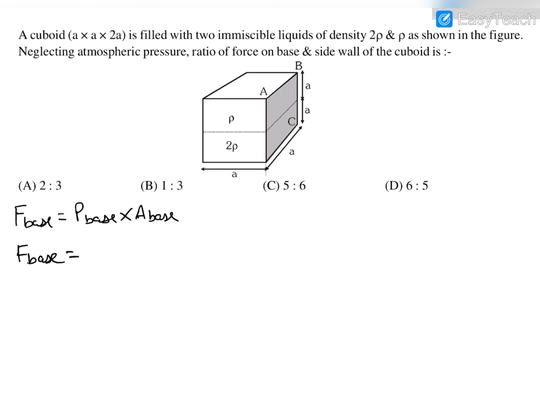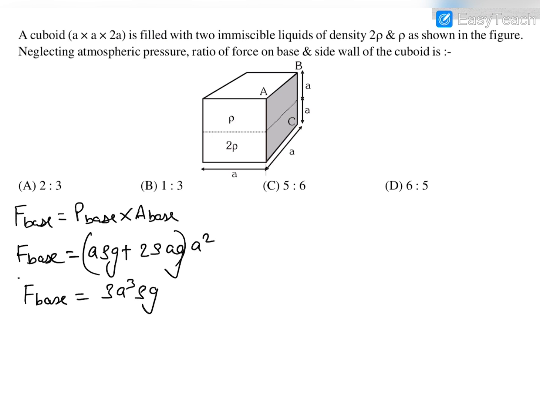In fact, you can see that pressure at the base will be A rho g plus 2 rho into Ag, multiplied by the base area, which is A square. So F, force acting on the base of the container, will be 3A cube rho g. Okay, so this is the force acting on the base of the container.